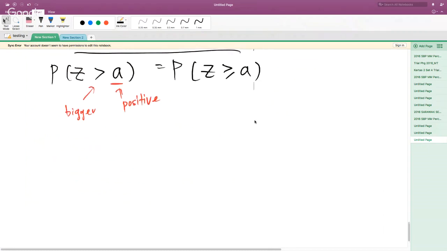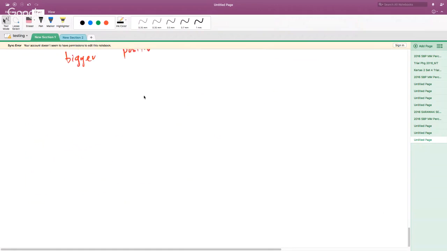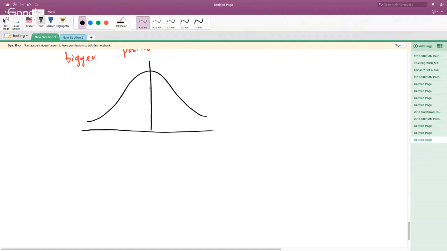So your objective for this question is to try to get something like z is bigger than a. If I have a bell-shaped diagram like this, and I want to find the area between, maybe this one I call -2, and this one I call 1.